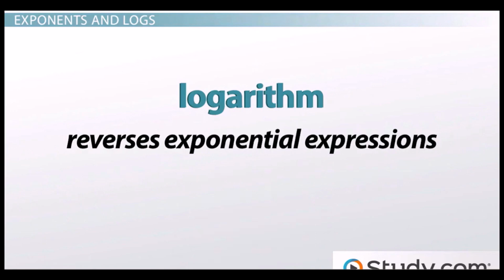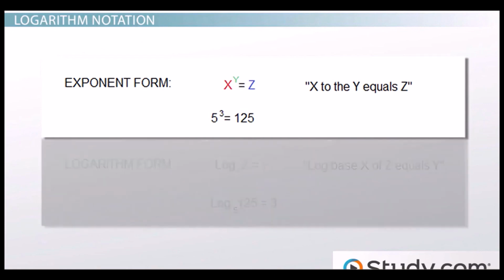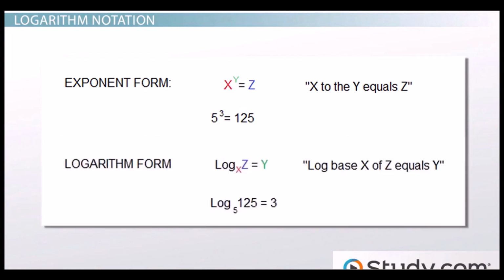Just like addition reverses subtraction and multiplication reverses division, logarithms reverse exponential expressions. To make it easier to solve for the exponents, logarithms use a special kind of notation. The expression x to the power of y equals z in exponent form would turn into log base x of z equals y in logarithm notation.